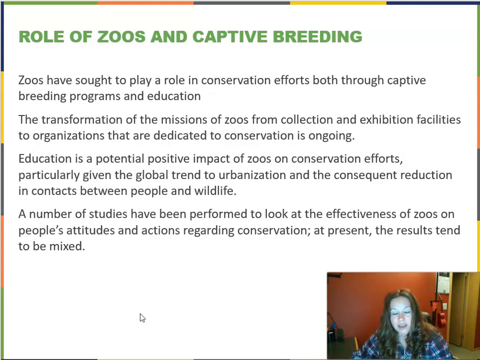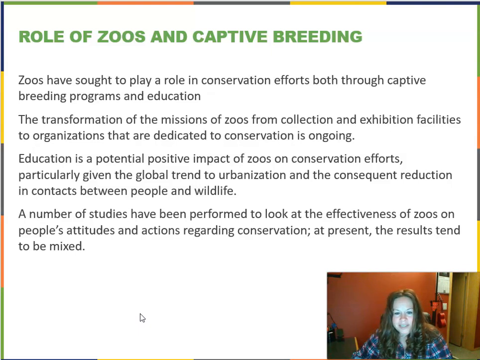This process is ongoing. Education is a potential positive impact of zoos on conservation efforts, particularly given the global trend that many people don't come into contact with wild and natural species or natural areas.